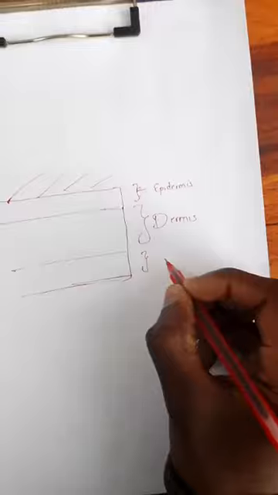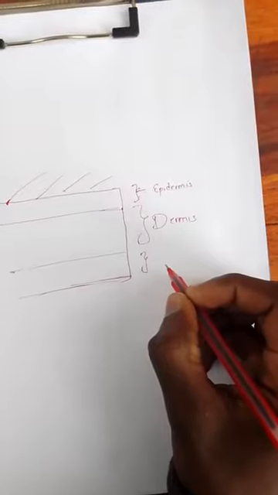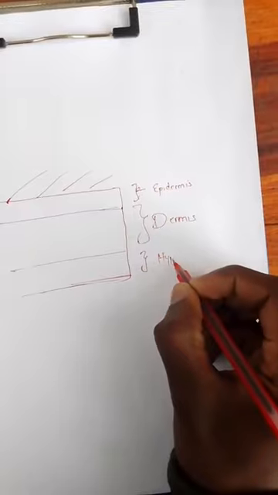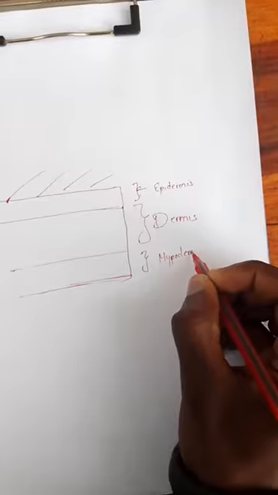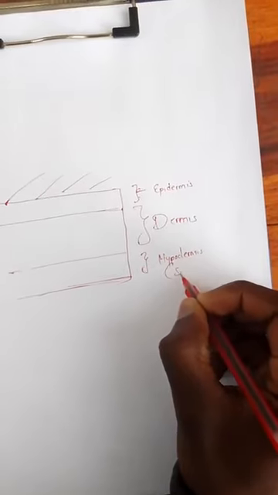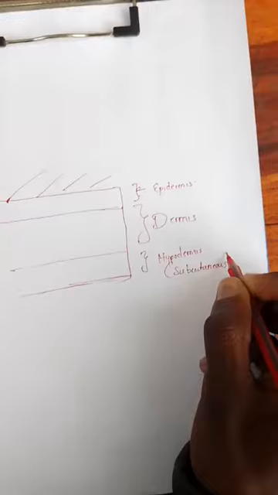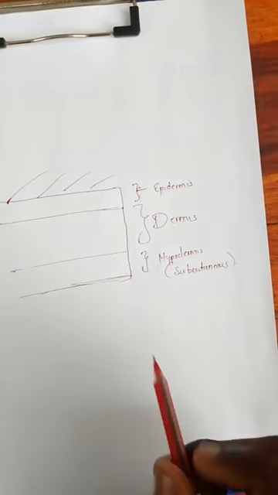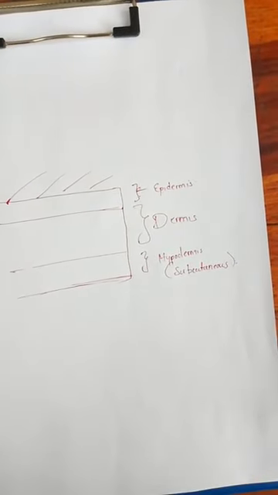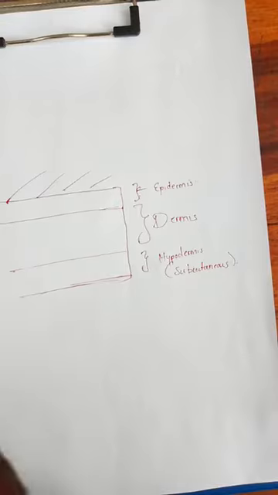Then down here, it is going to be another layer, which is known as the hypodermis, also referred to as the subcutaneous layer. So these are the layers of the skin that we are going to dig deep into, and find out more about these layers and their functions.